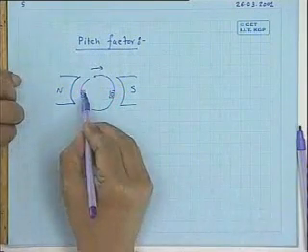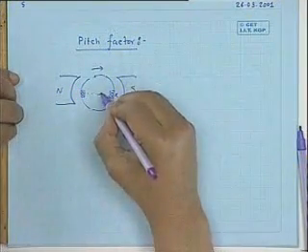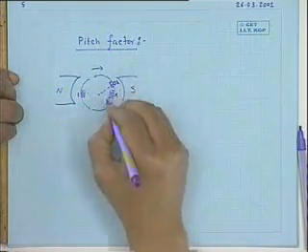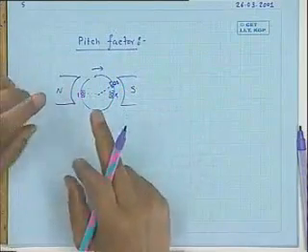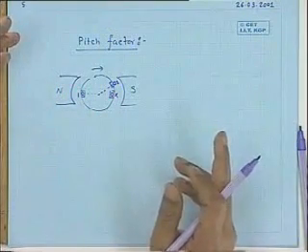Now suppose, just as an academic exercise, somebody has put the other coil side not here but slightly here. This is 1, this is 2. Suppose instead of a full 180 degree span coil, he has used a coil span of, say, 170 degree, 10 degree less. Will there be induced voltage? What will be the induced voltage across the coil? Let us not go into why it is used right now; I just give it as a problem.